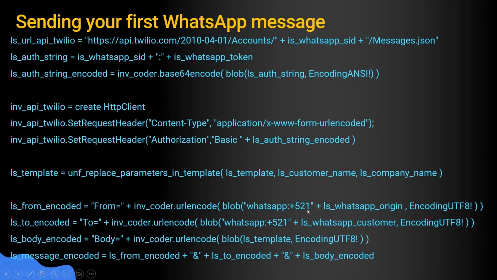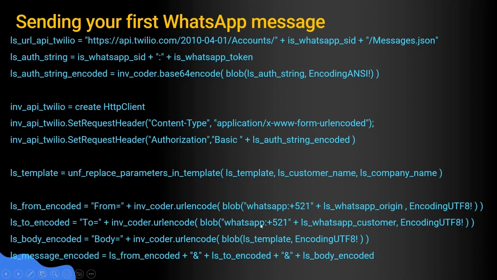So we have the 52.1, it's a country code and the WhatsApp number, and we need to encode using UTF-8 and the URL encoding. So be careful here, because you need to put first the From and then the message encoded. After that, you do the same with To.